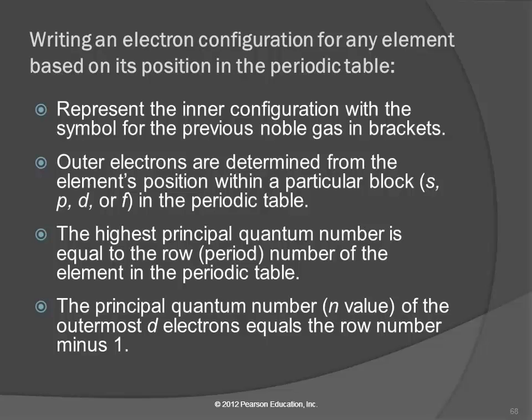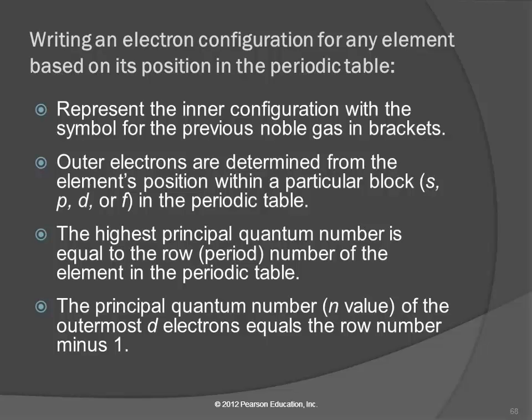So here are the book's little guidelines for writing electron configurations based on position in the periodic table. Represent the inner configuration with the symbol for the previous noble gas in brackets. The outer electrons are going to be determined from that element's position within a particular block in the periodic table.